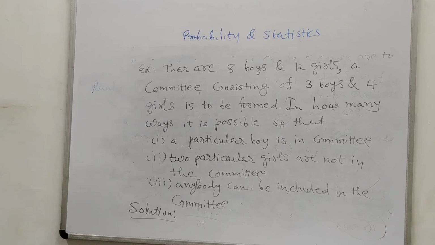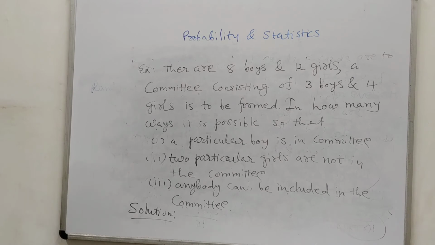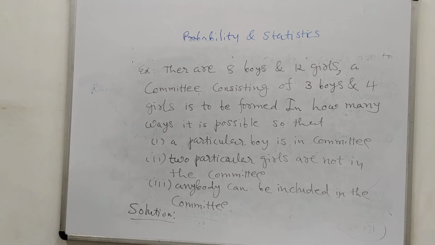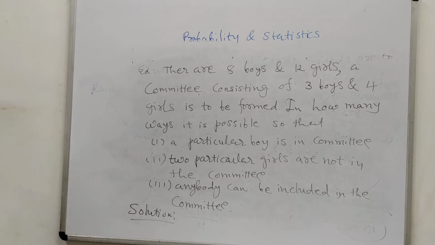You should write first that given that 8 boys and 12 girls. In the second line, you should write that we want to form the committee consisting of 3 boys and 4 girls. That means a total of 7 persons should be there in the committee, and among the 7 persons, 3 should be boys and 4 should be girls.